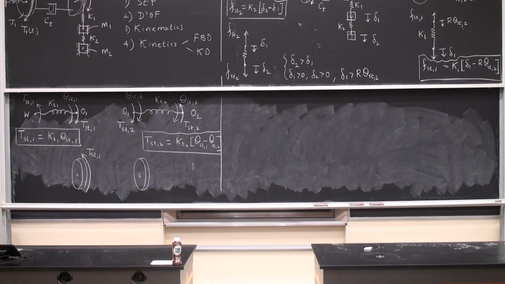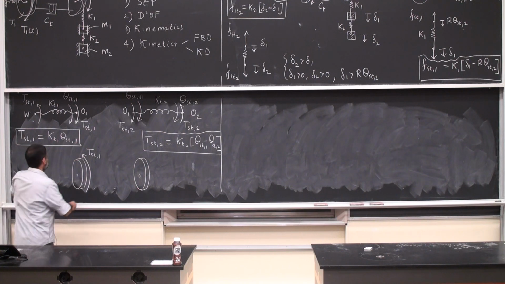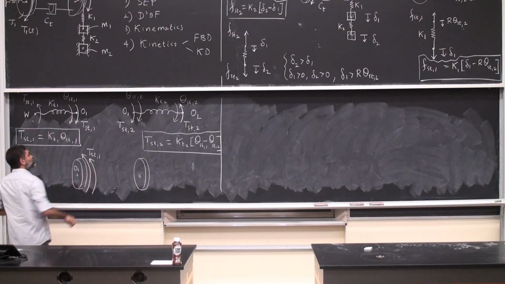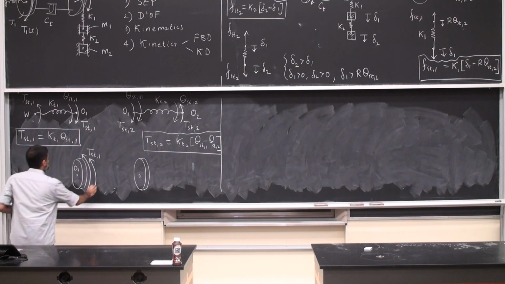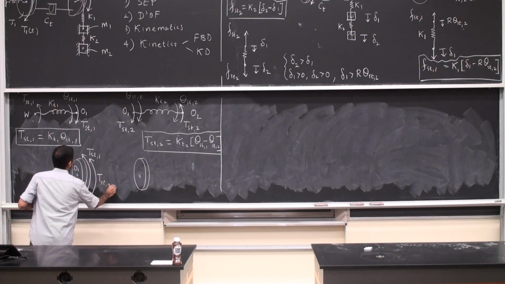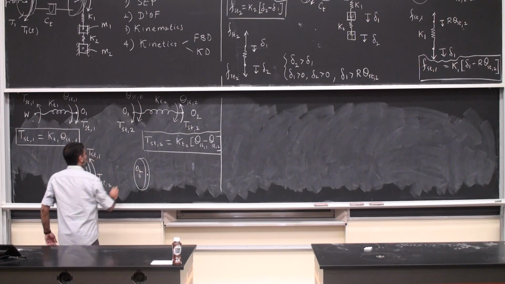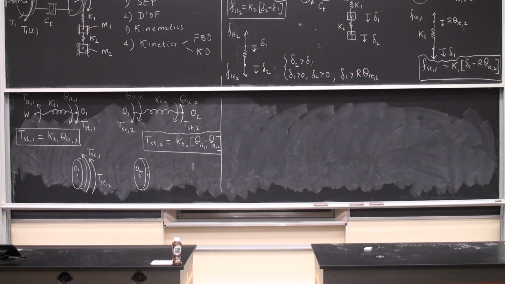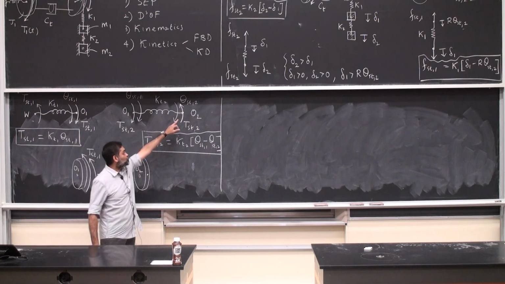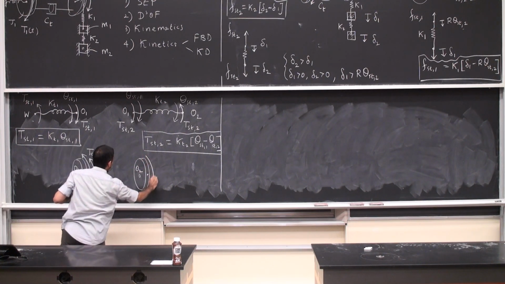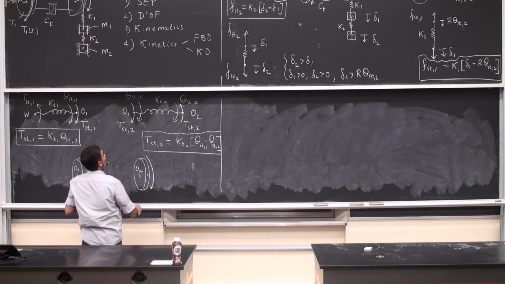So that's one. This end is also connected there, so this is end O1. There is an equal and opposite T static 2 here. This is the end of the second disk, O2. I'm going to have the torque from the end O2 equal and opposite to that. So this is going to be in this manner, I believe.